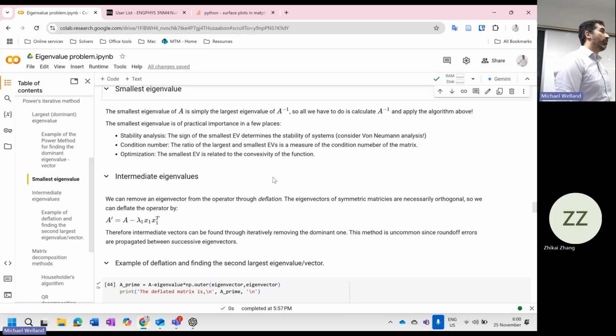Deflation removes that eigenvector from your operator. What that's like is taking a two-dimensional object and reducing one of its dimensions. So now all you've got is a line, and you just repeat the exact same algorithm and it'll find your next highest eigenvalue.